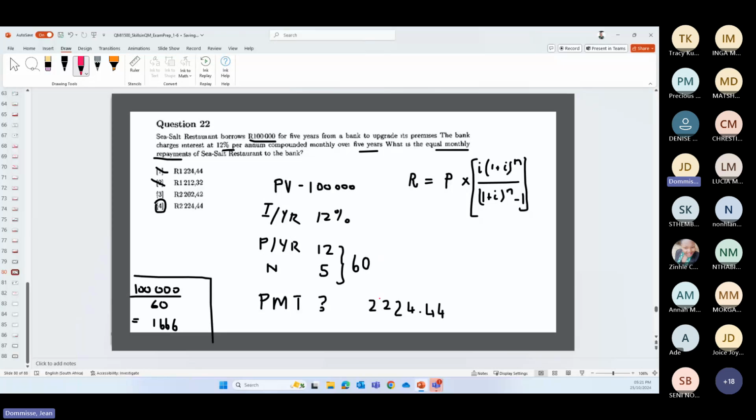So you will need to use the financial calculator, or use the formula for the PMT. If you have a present value, you use this formula. I think I shared the formula page on the WhatsApp as well, but I will share that after the session again, so that you have it at hand.